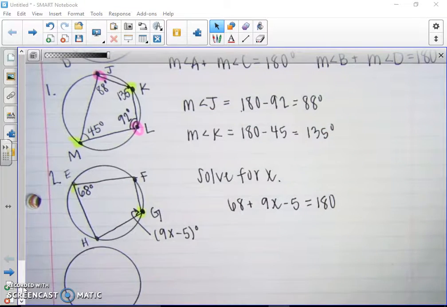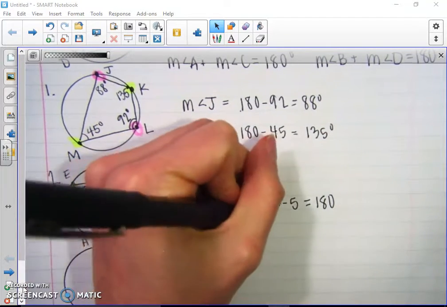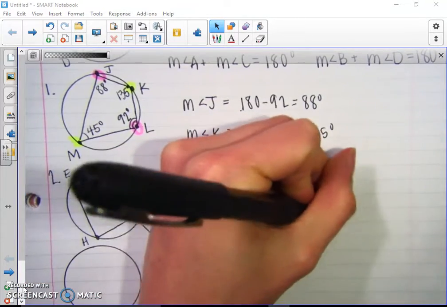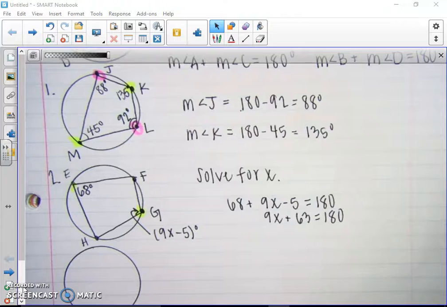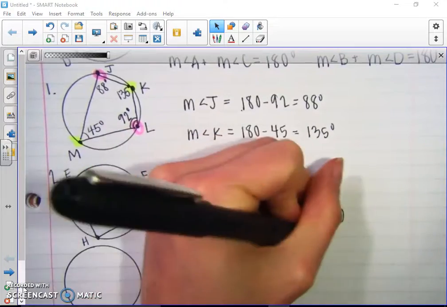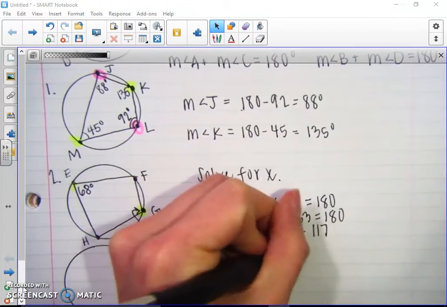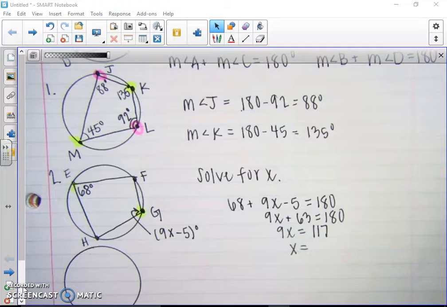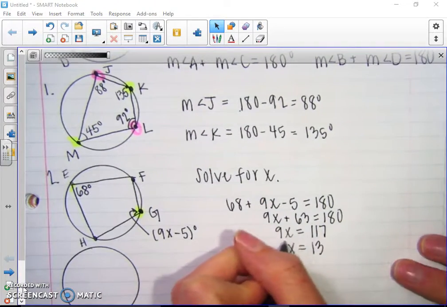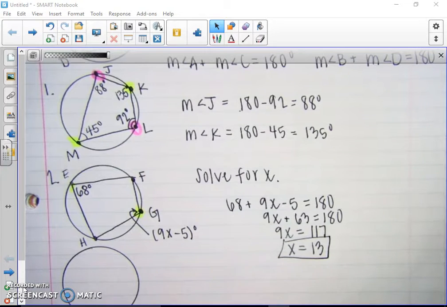We do a little bit of math: 9x plus 63 is equal to 180. 9x equals 117. So we get x equals 13, and that's all they were looking for.